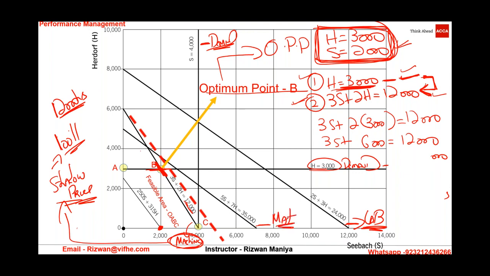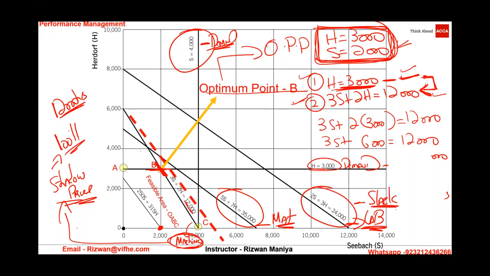So three lines you can see. These are the lines where the optimum point is not present. So lines where the optimum point does not exist are the lines where slack will exist. These are non-optimum point lines, and here there will be a slack.